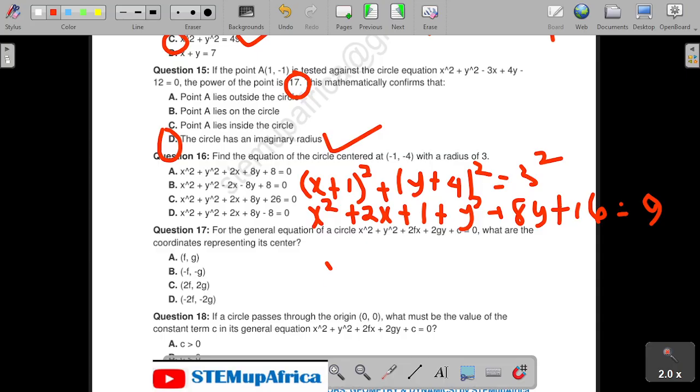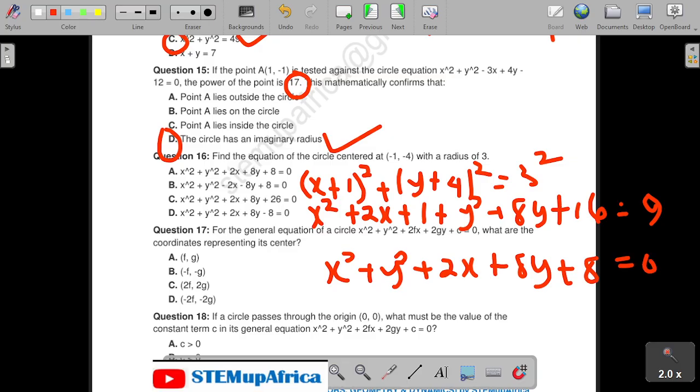If you rearrange, I'm having x squared plus y squared plus 2x plus 8y, and here 17 minus 9, that's plus 8, equals 0. So x squared plus y squared plus 2x plus 8y plus 8, which is option A.